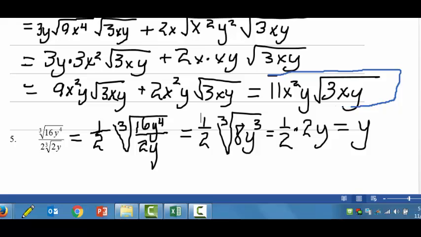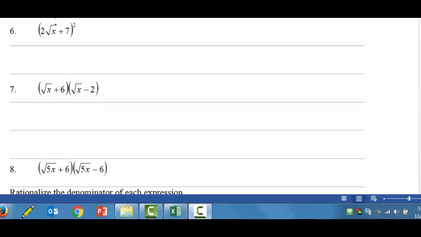For numbers 4 and 5. All right, now I have a two-term radical expression squared.